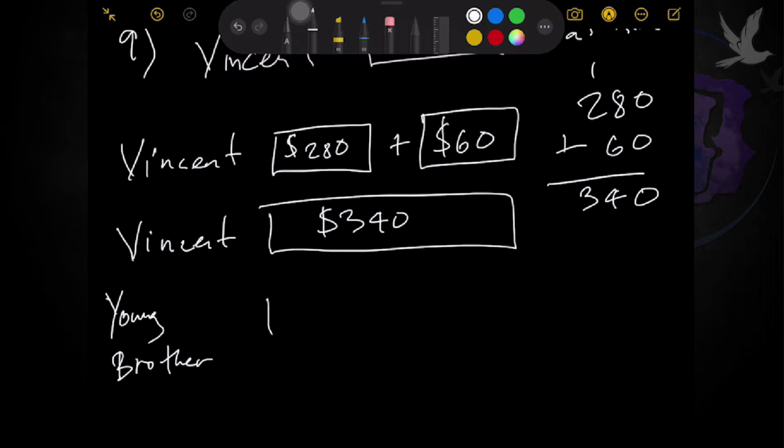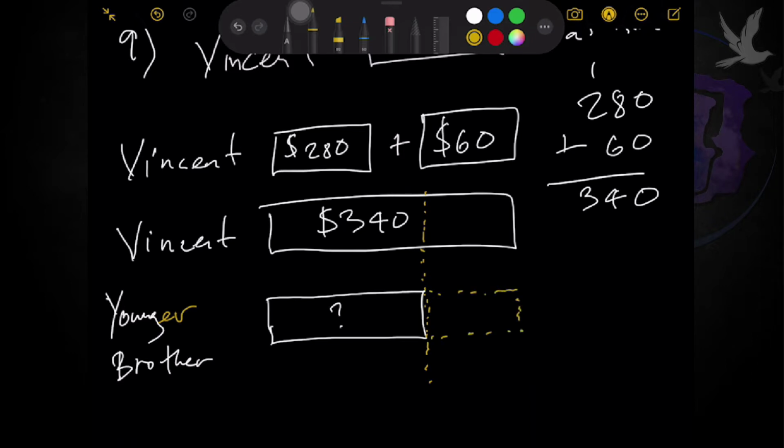Okay, so we are going to draw a model that is less, and we do not know how much the younger brother has, but kasi nga sabi dyan that Vincent has 110 more than his younger brother. At this point, itong missing chunk over here is equivalent to $110.